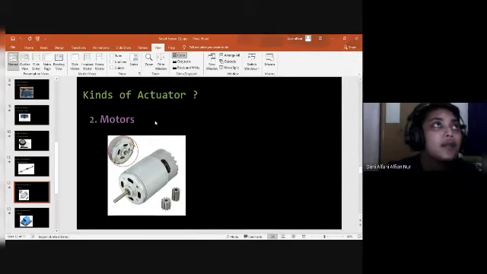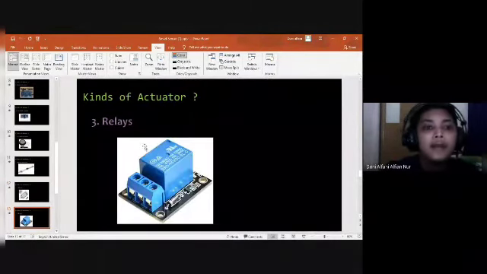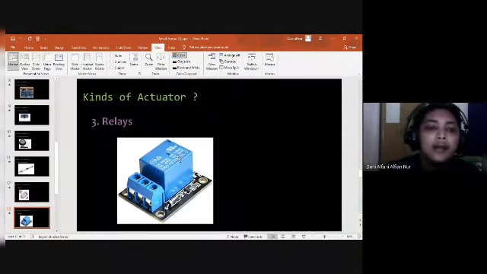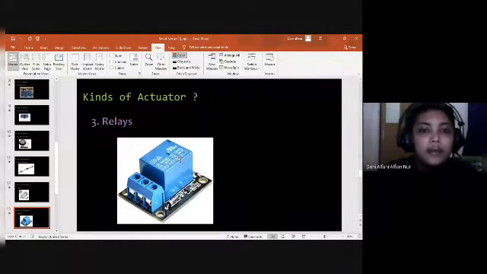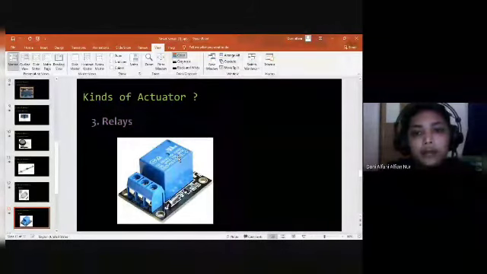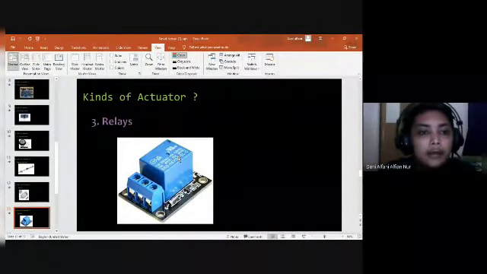Relay is an electromagnet-based actuator for operating power switches on a lamp, heater, or even a smart fan.